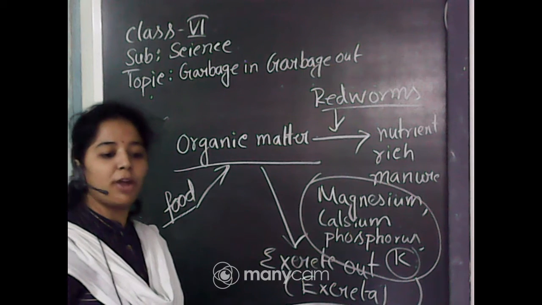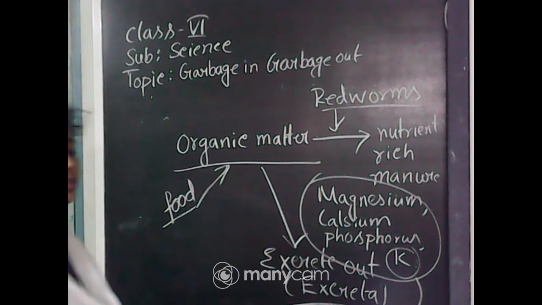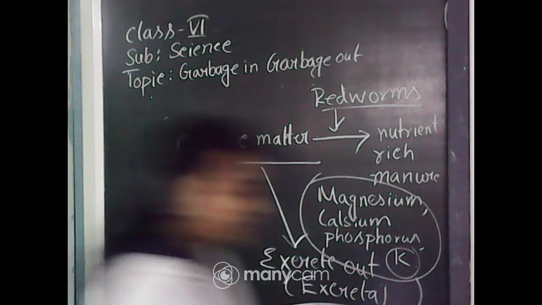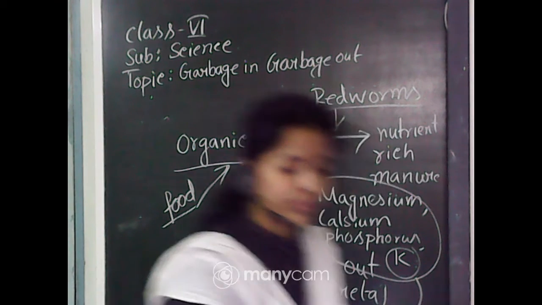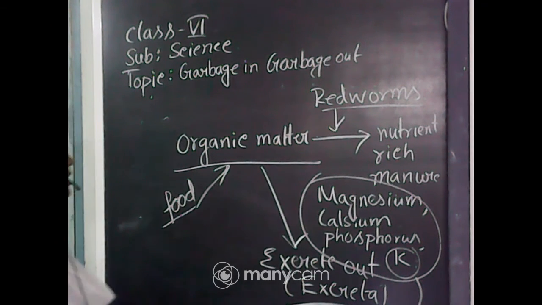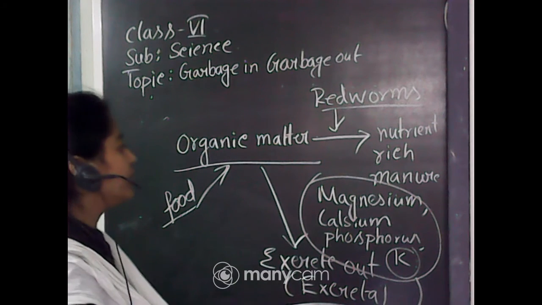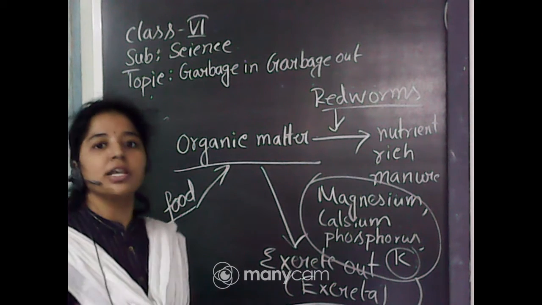You understood this point, students? Any problem here? I hope there will be no such problem here. So here I have discussed how organic matter is converted into nutrient rich manure by those red worms.